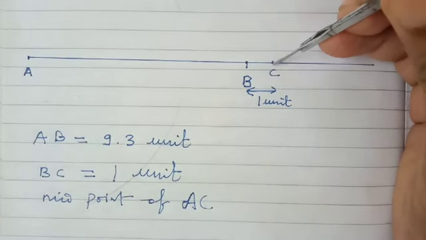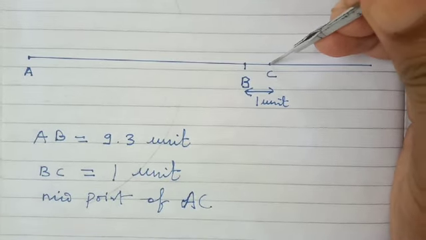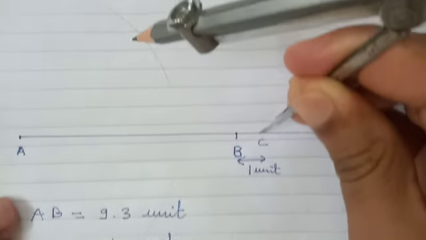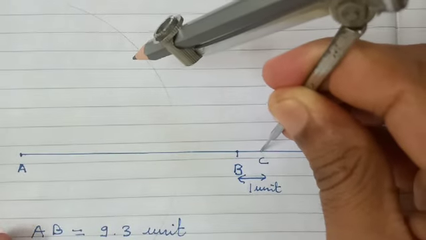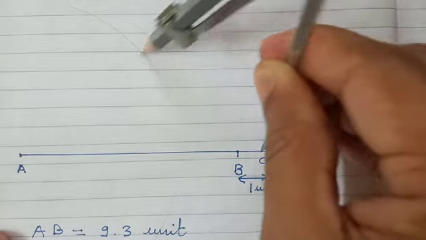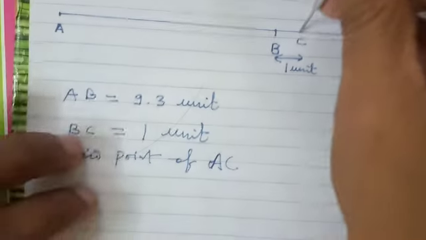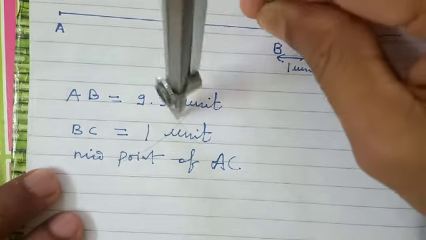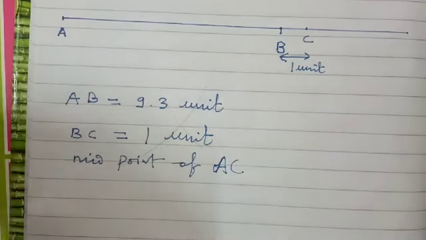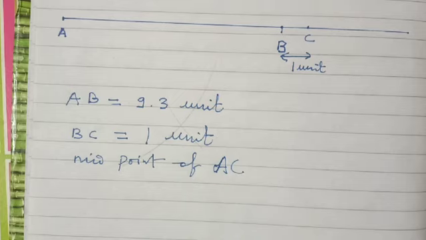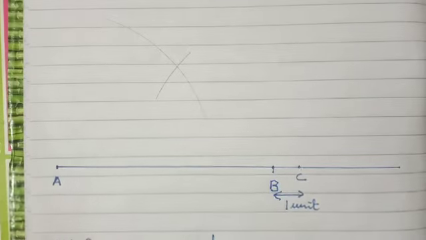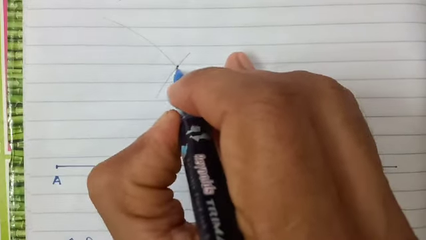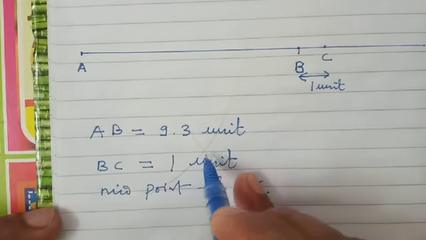Now in the same manner take C as a center and cut arcs in the upper side where your previous arc is, and the lower side where your previous arc already cut. Now we got two intersecting points. This is one and this is one.